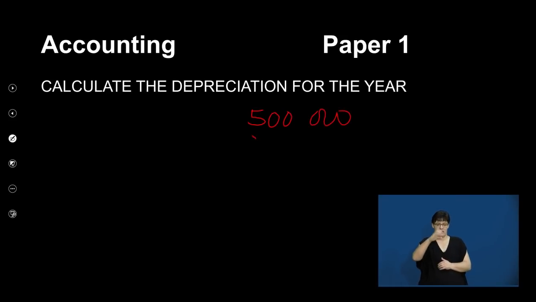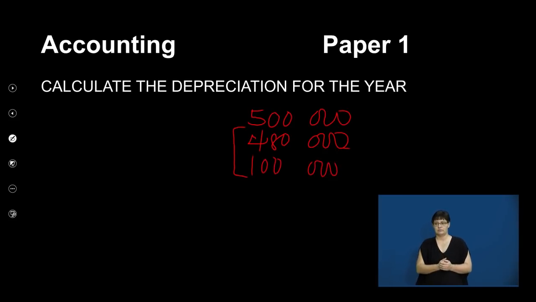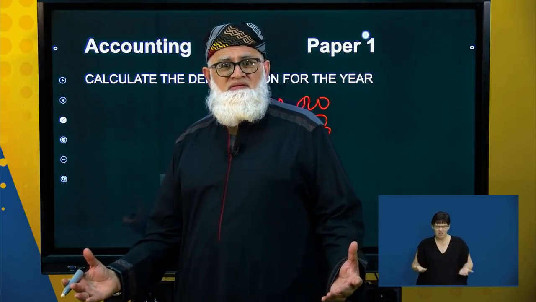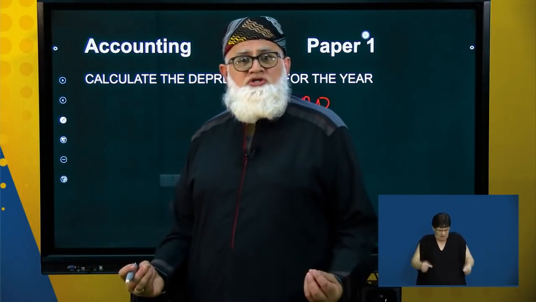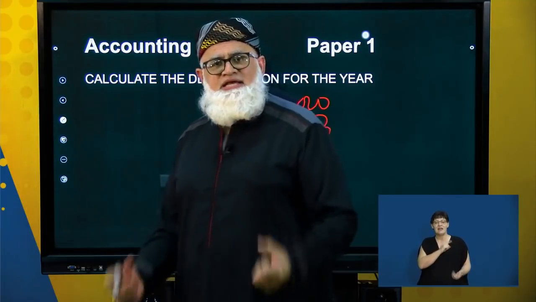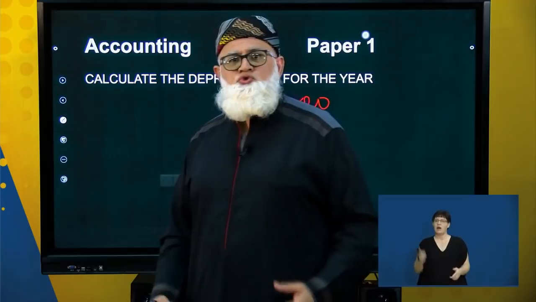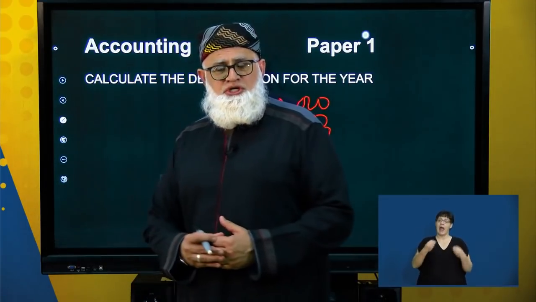My accumulated was 480,000 at the beginning of the financial year. Let me add the 100,000 for this year. And notice now that my accumulated stands at 580,000. Is that possible? Definitely not. Why not? Because an asset cannot have a negative value. You can't say my asset is worth minus so much.